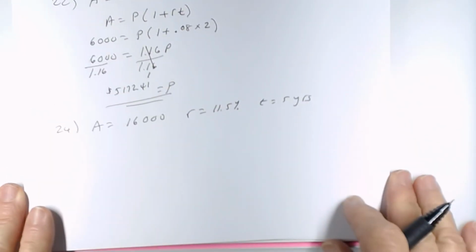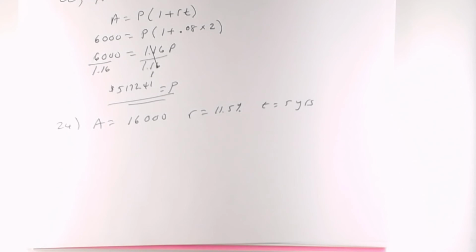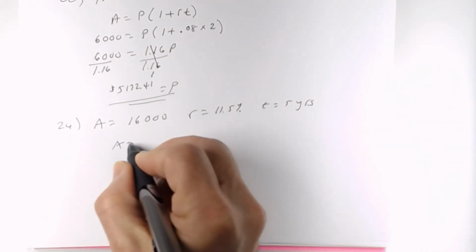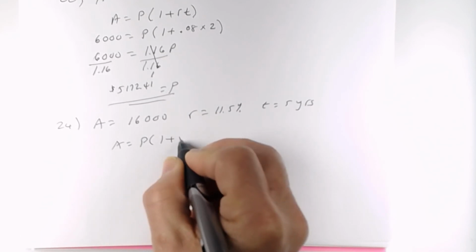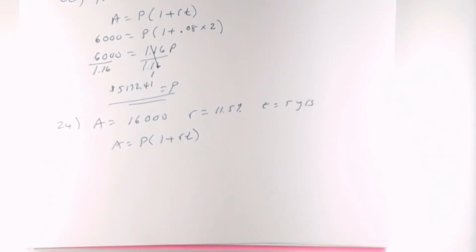Okay, so what formula are you going to use? A equals P times 1 plus RT. And now you substitute.